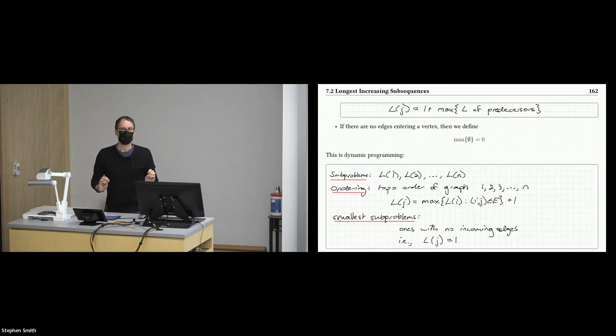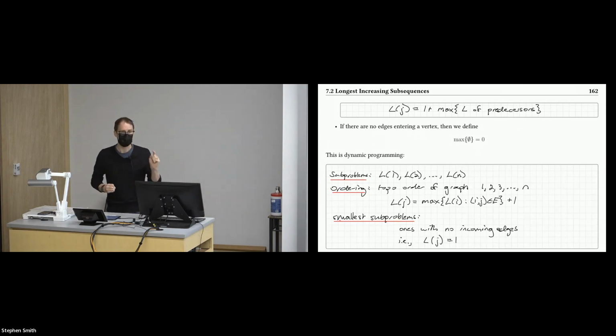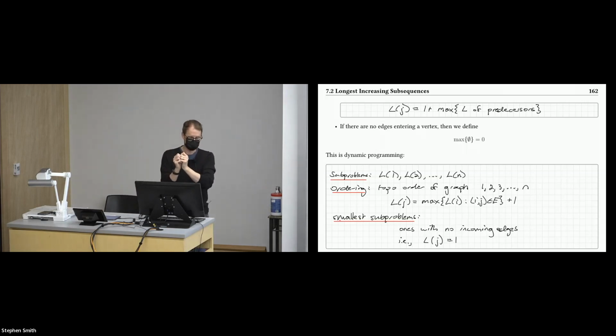And so when we were mapping this to my description of dynamic programming, we had the three ingredients. The subproblems were these L values: what's the longest increasing subsequence ending at the jth number in the sequence, that's L_j. We had an ordering of subproblems, which was the topological ordering of the graph, which is just the indices of the sequence: number 1, number 2, and so on, going up to n.